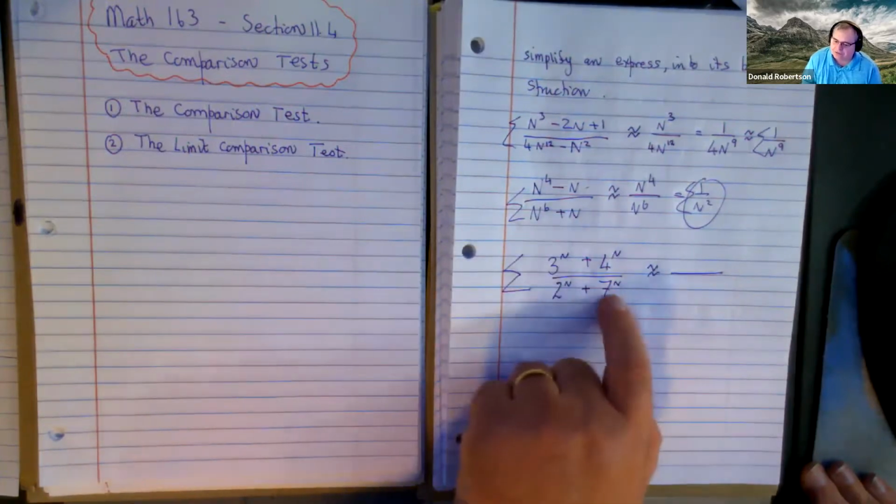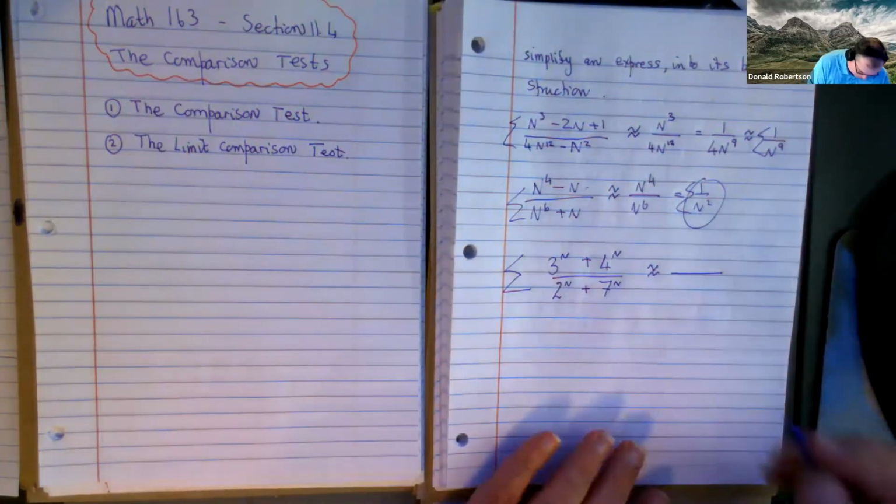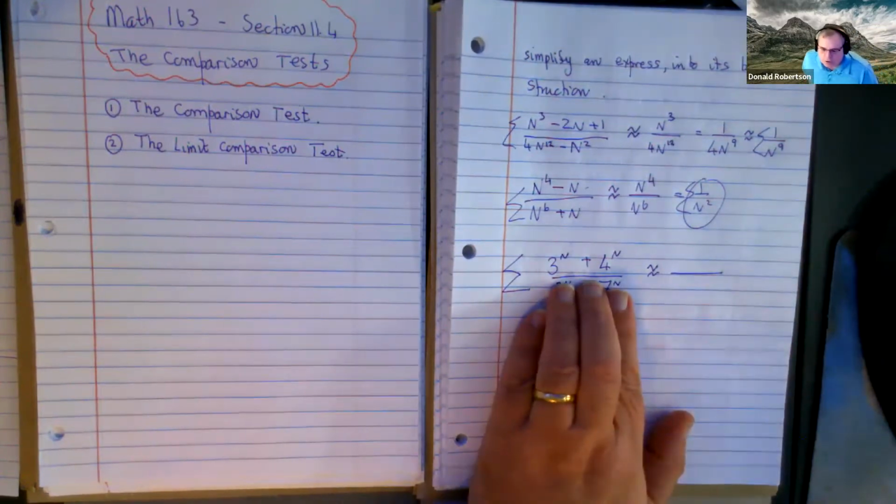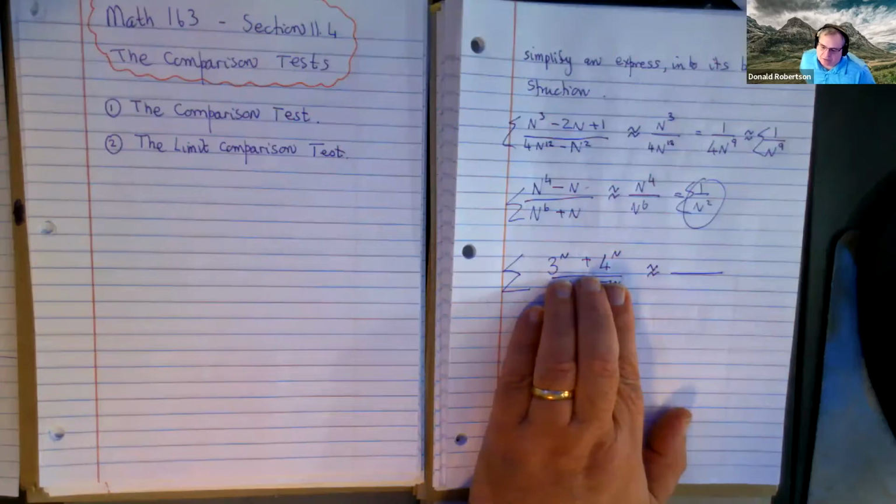These are different situations, but the rule still applies. You don't put 7 to the power of n on the top. You don't put 12 to the power of n. You don't do any calculations. What you do is pick one of these two guys. And the guy you should pick is the most important one. And what is the most important one? 3 to the n or 4 to the n? Well, the one that's the biggest is the most important. So which is it?